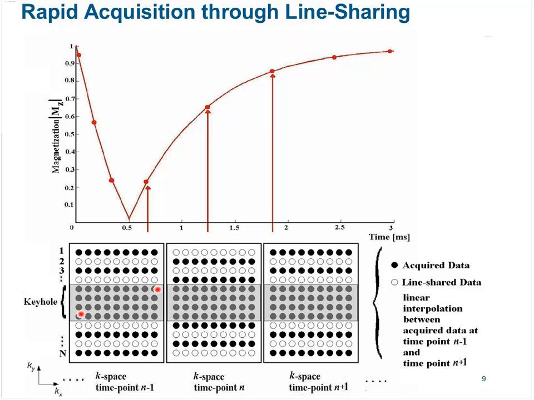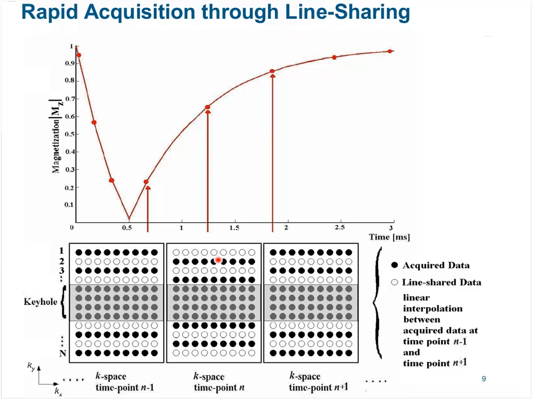But in this central region of the K space, you are sampling all the K space lines completely, and when you go to the periphery again, you are subsampling the periphery by a factor of 1. When you go to the next time point, you are just acquiring the line numbers which you missed before. So here you have missed the first line, you have acquired the second line, you have missed the third line, and then you acquired the fourth line, and so on.